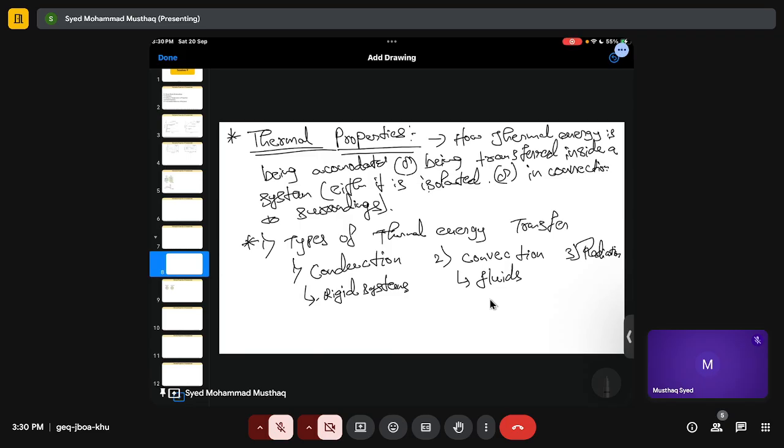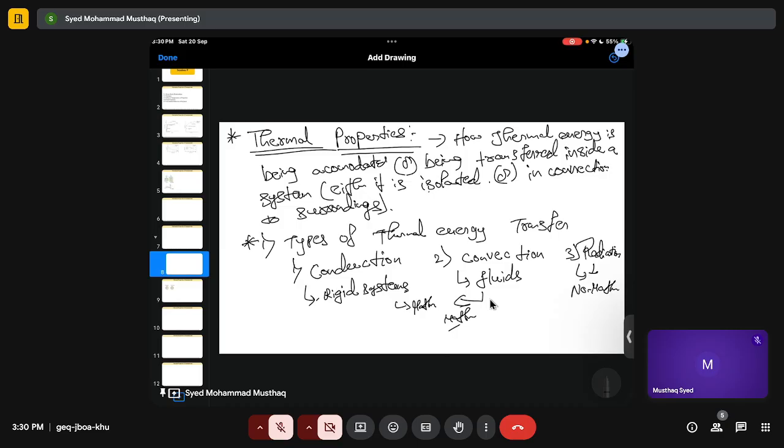The third one: rigid systems contain matter, solids; fluids contain matter, liquids, gases, and others. What happens if you do not have matter? If you do not have atoms, if you have empty space, then you have radiation.